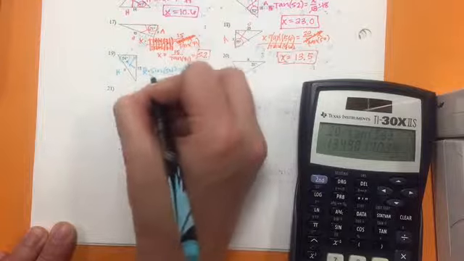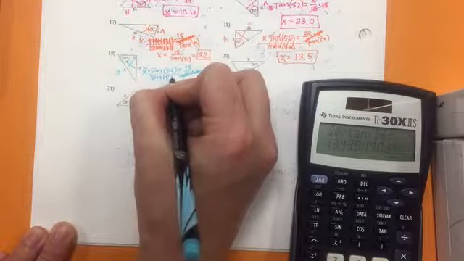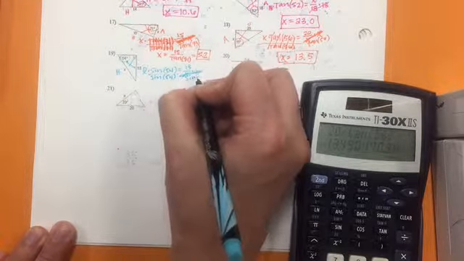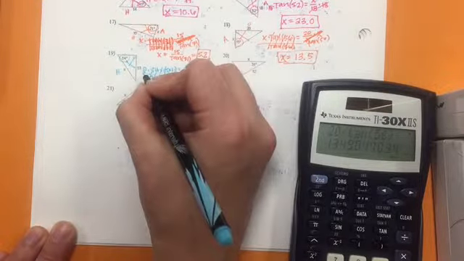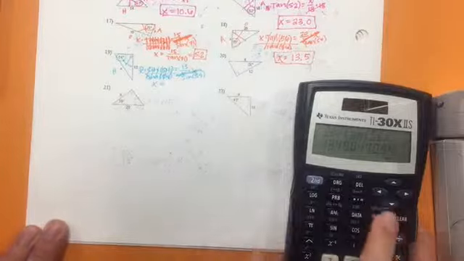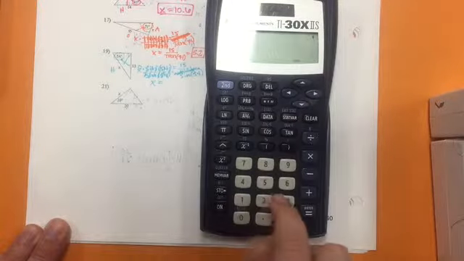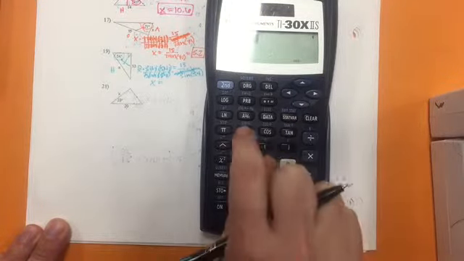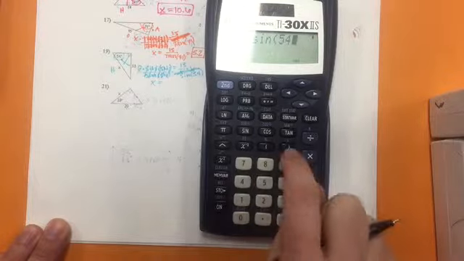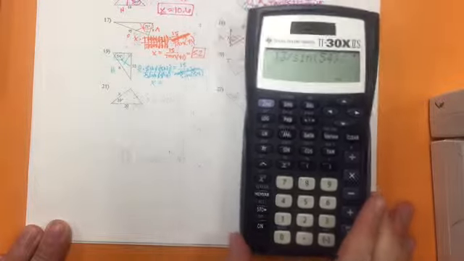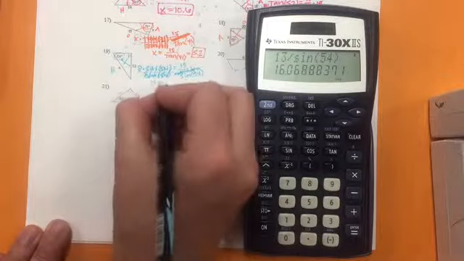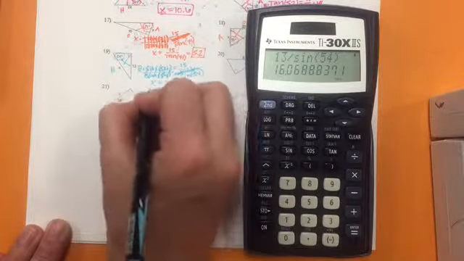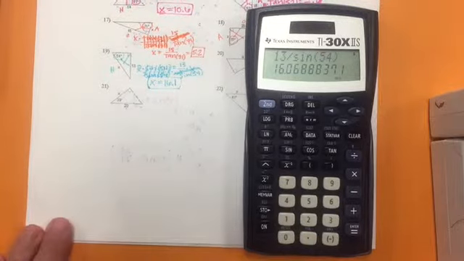Then I have to divide by sine to move it away from the X. Those cancel out and I'm left with X equals 13 divided by sine of 54. That gives us 16.1.